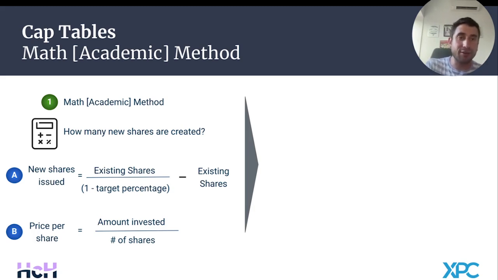Here you're basically calculating the number of shares equal to that 20% of the company, right? And you just subtract the existing shares, because if you don't subtract the existing shares, you would then have like the 100 plus the 20%. And then again, the price per share calculation, amount invested divided by number of shares.